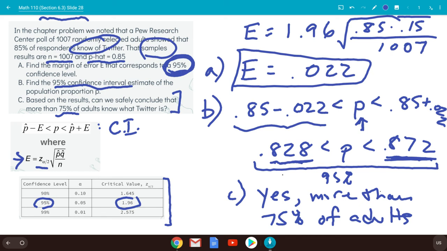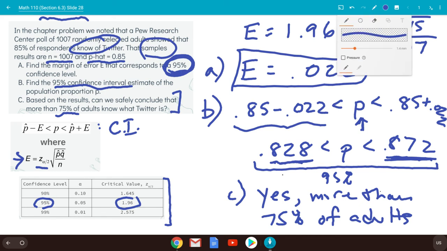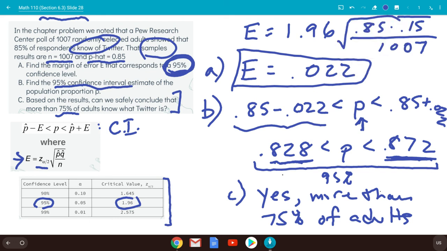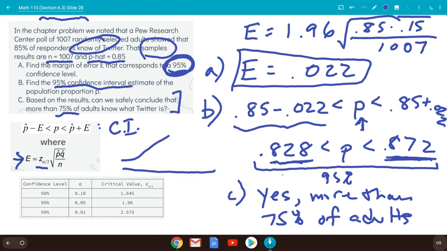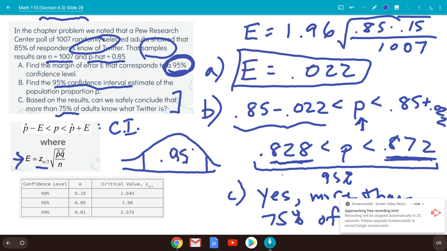I have a few extra moments here, so let me just say a few words about where these numbers down here come from. 95% comes from our normal curve. And so when you think about our normal curve, the 95%, if that goes in here, that means you have 2.5% on each end.